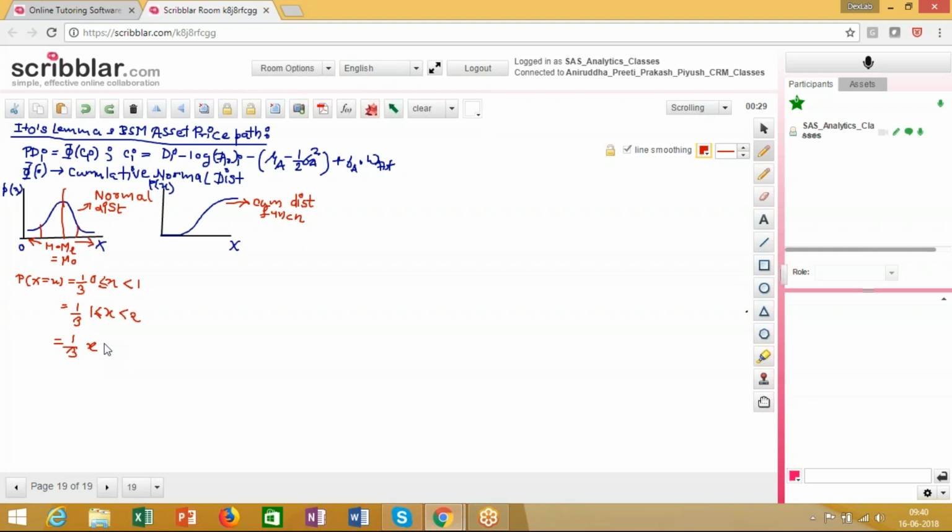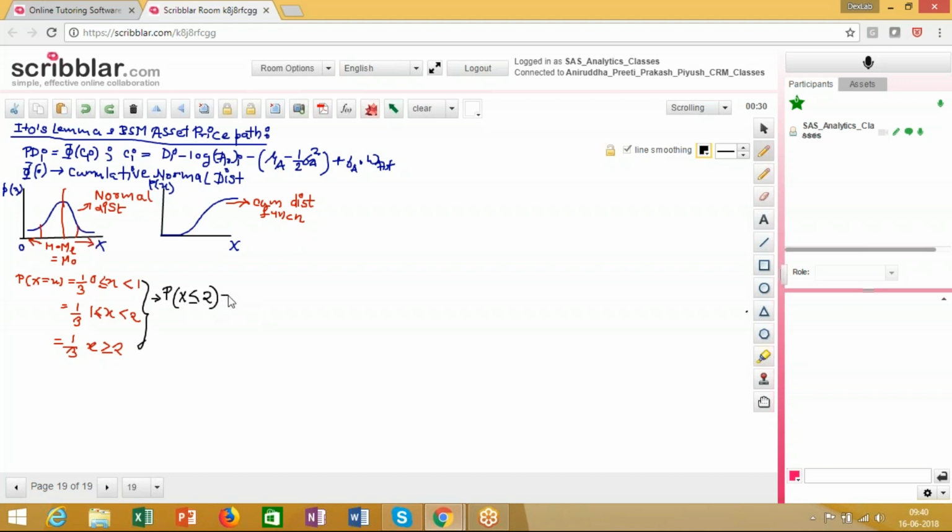Now what I want to know is: what is the probability of getting an x less than or equal to 2?